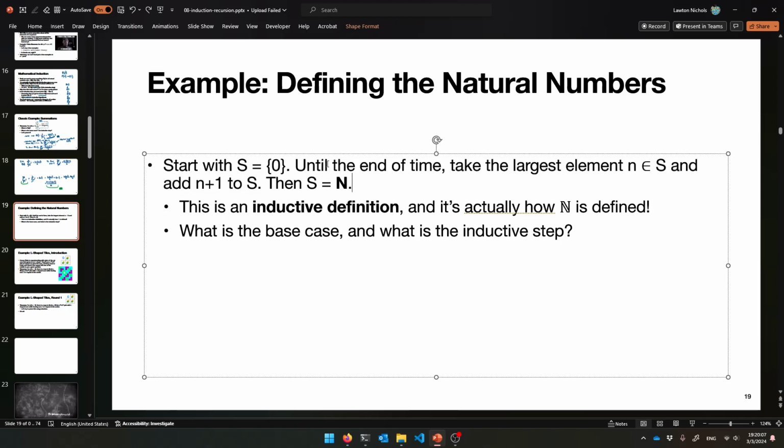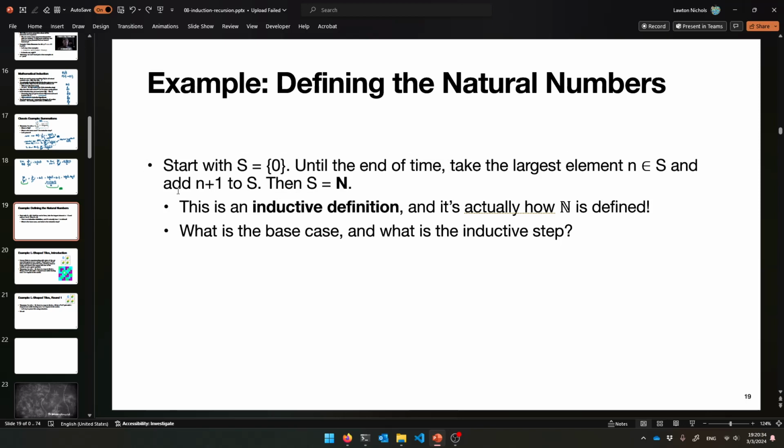Until the end of time, forever and ever, infinitely many times, we're going to take the largest element, call it n, out of our set S, whatever it is right now. Take the largest element out and add back in, well, keep the other one there, and add in n plus 1 as well. All right? If you start with this, and you keep running that rule infinitely many times, S will hold every natural number, and therefore S is equal to the natural numbers.